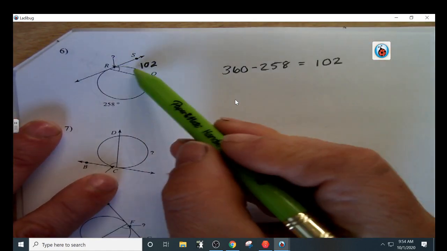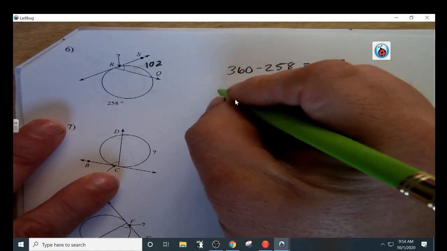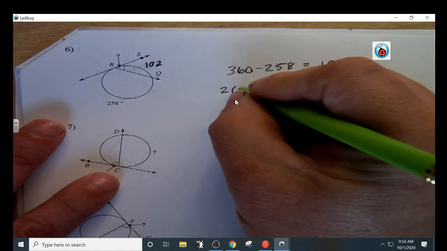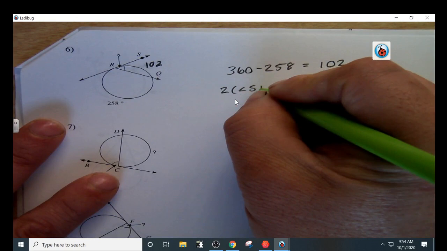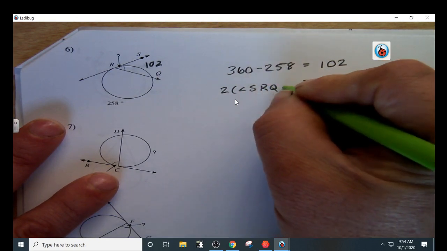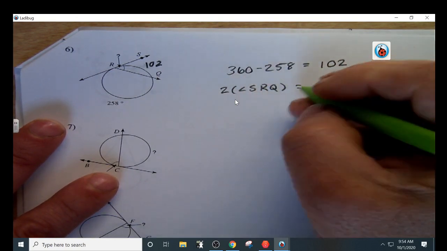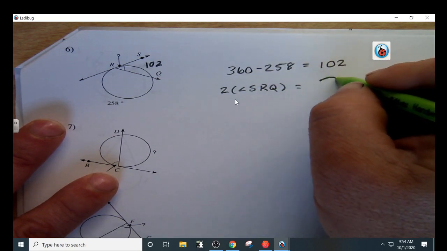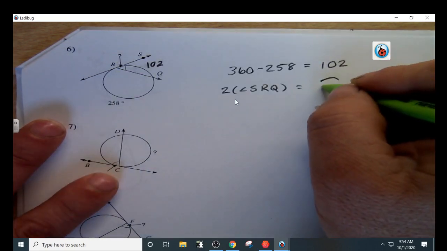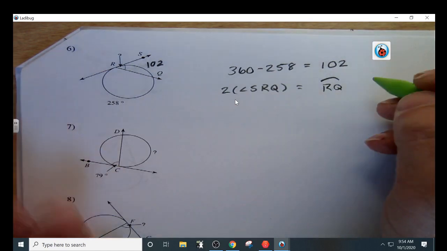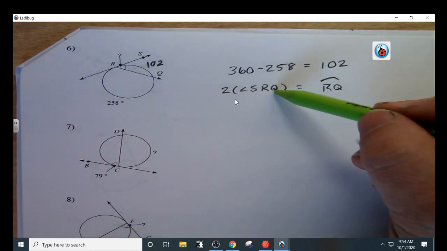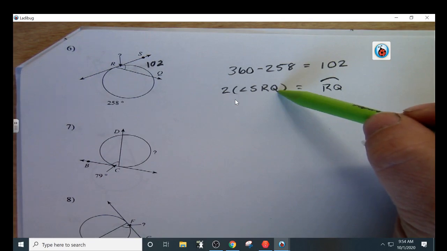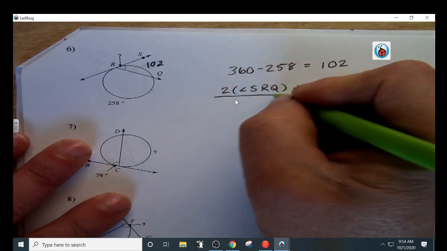Now, guys, to get this, remember, it's 2 times. If you go by the same formula we just had, it'd be 2 times angle SRQ is equal to arc RQ. But now you're trying to get the angle measurement this time, right? So you're going to divide by 2 on both sides.